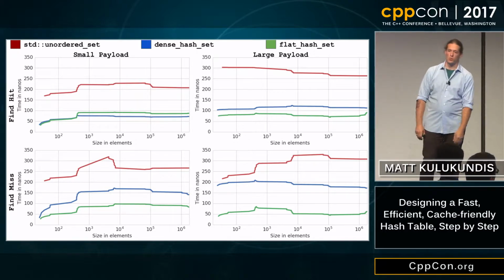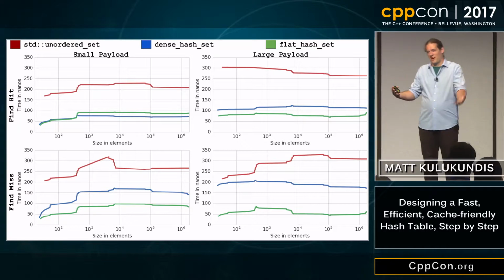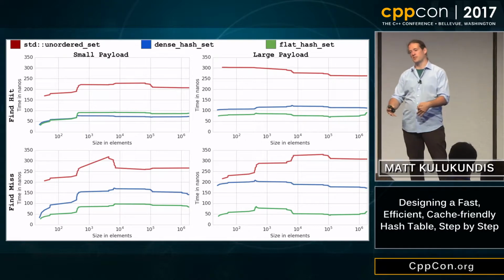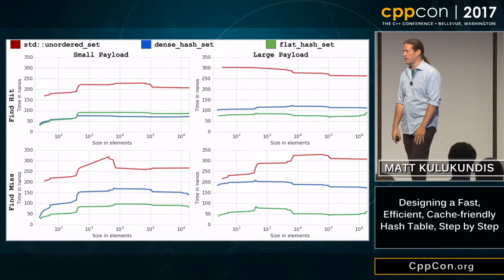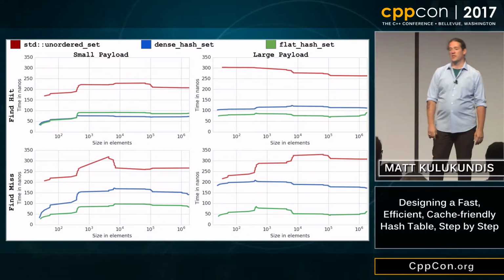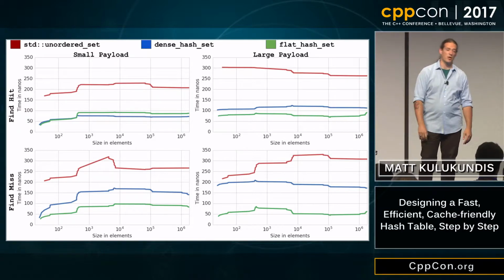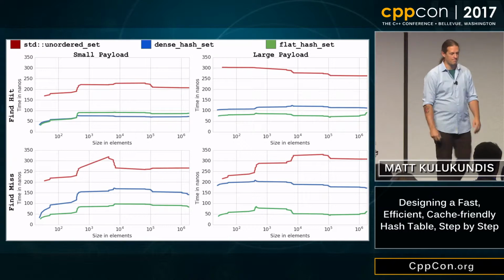Turns out, when your values are 4 bytes, the 1 byte you spend on metadata for probing is kind of expensive as a ratio, and the fact that you have reduced probe chains doesn't quite win out over the extra cache miss. But you'll notice, one of the things this table does really nicely, if your elements aren't in the set, you don't even go to the values. You stay right in the metadata, most of the time.